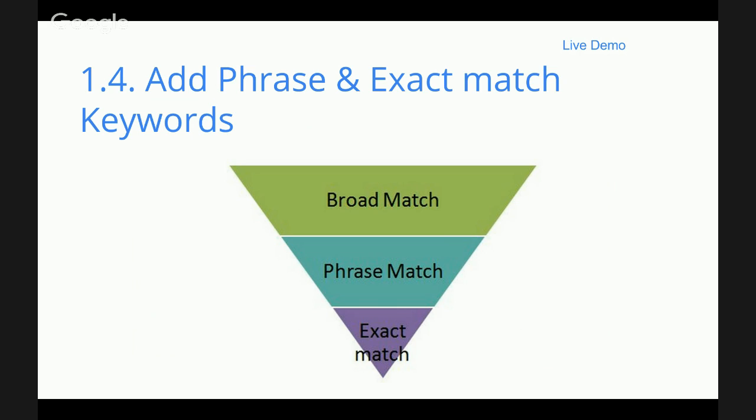After that, we're also looking at keyword best practices. One thing that is definitely going to be needed in order for you to score the best practices card for Google Partners Badge would be that you add phrase and exact match keywords. Along with that, we will be talking about broad match modifier as well.